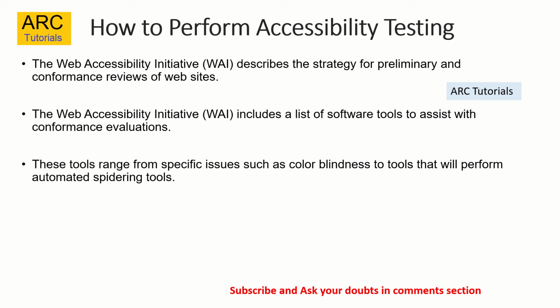There is a consortium, a group called the Web Accessibility Initiative, WAI, which has put together a set of rules and guidelines that we need to follow to make sure it includes everything that is listed. These rules and compliances include specific issues such as color blindness, text to speech, and other tools which perform automated spidering, right?